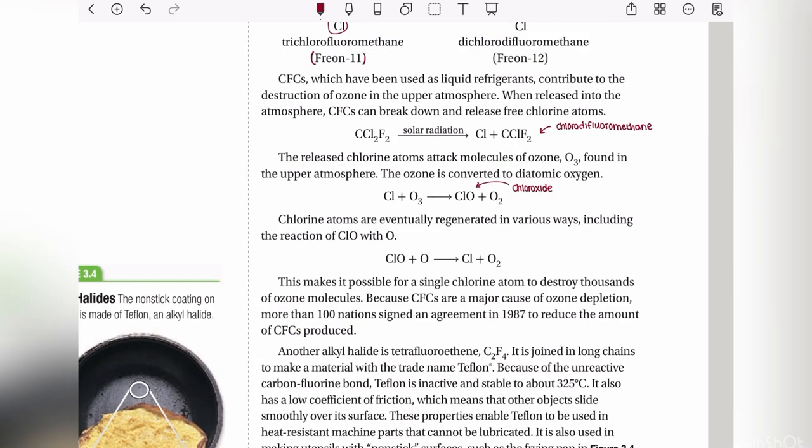Chlorine atoms are then eventually regenerated in various ways, including the reaction of chlorine monoxide with oxygen. So when chlorine monoxide reacts with oxygen, the products are chlorine and diatomic oxygen. So this makes it possible for a single chlorine atom to destroy thousands of ozone molecules.